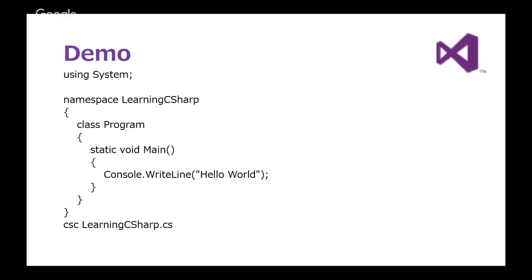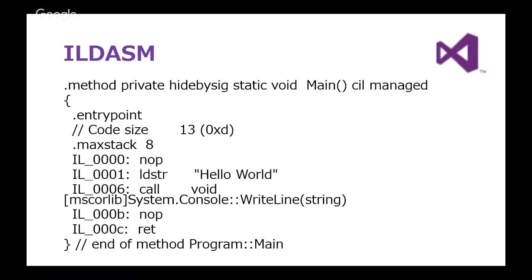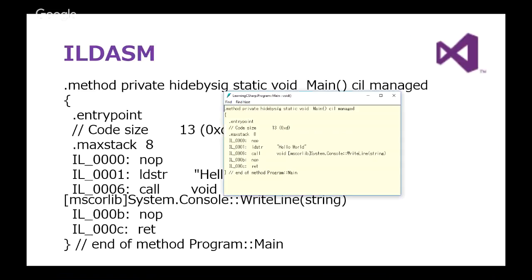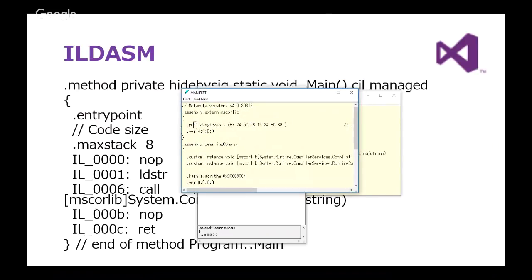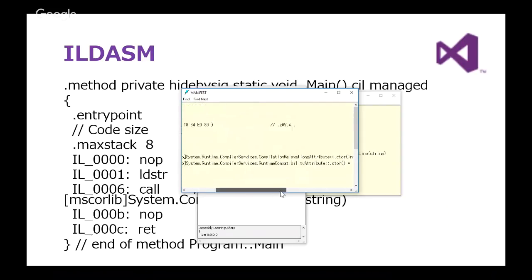If you have any questions, just let me know. So this is ILDASM. By the way, it also has the manifest. If I open this and double click the manifest, it says this is the public key, blah, blah, this is the version 4.0.0.0, and the assembly name is LearningC#, and it has a constructor.